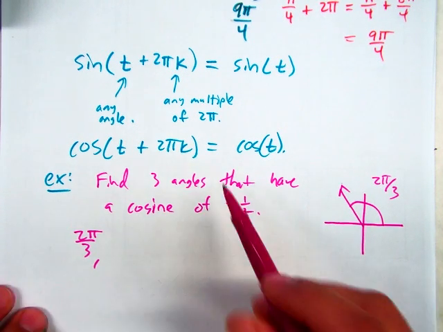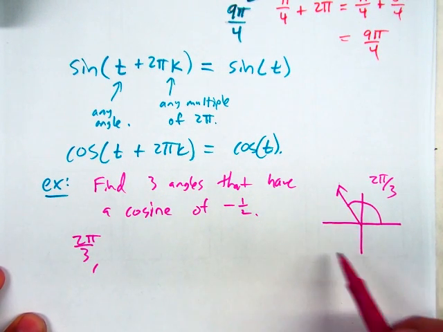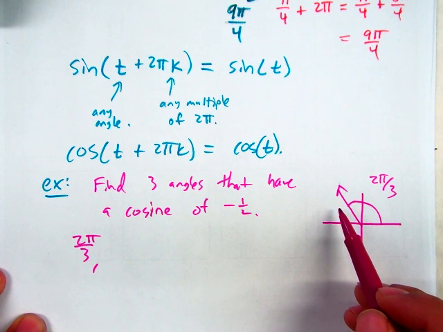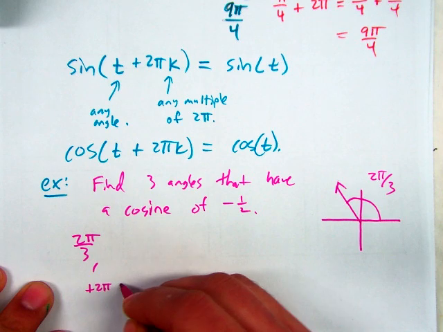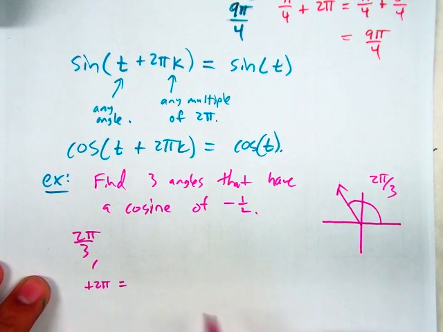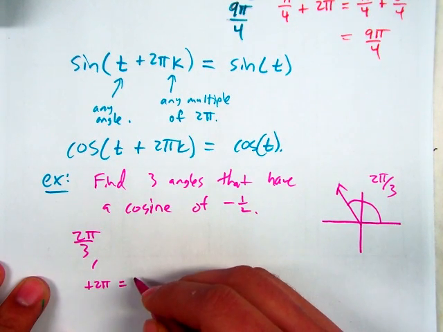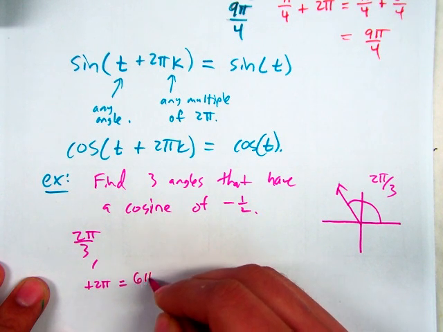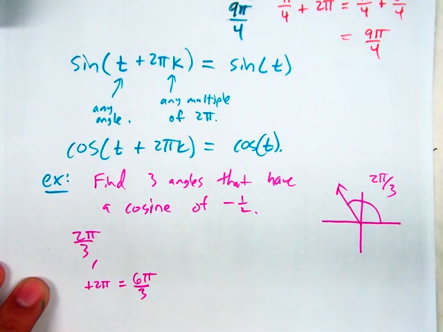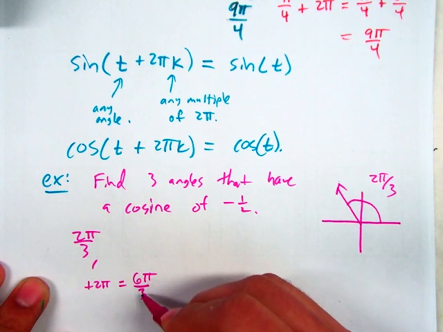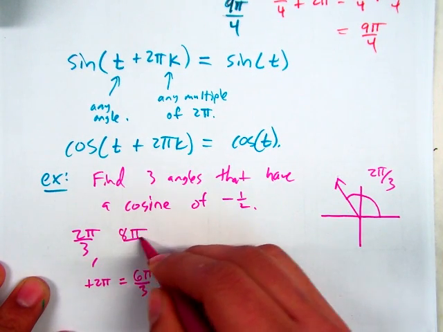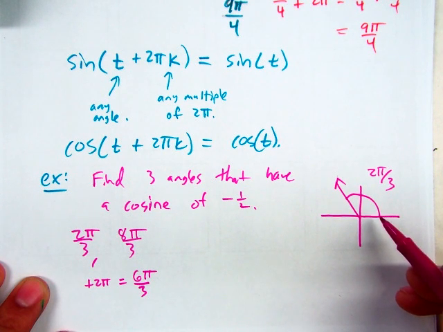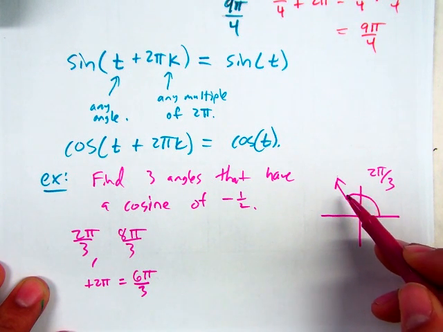And since I know from before that if I just added 2 pi, I land in the same spot, I could add 2 pi to this value. What's 2 pi if I put it over 3? It's 6 pi over 3. If I add 6 pi over 3 to 2 pi over 3, that gives me 8 pi over 3. 8 pi over 3 would just be to start where we normally do, go to 2 pi over 3, but then go around an extra circle and end up at the same spot.